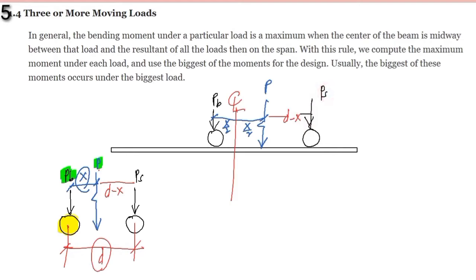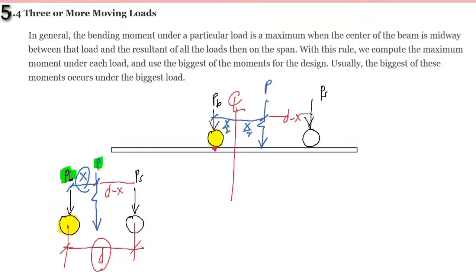Now, in this condition, the moment created by this wheel here, and in this case, what we are going to do is to compute the moment at this point. So what would create the moment?